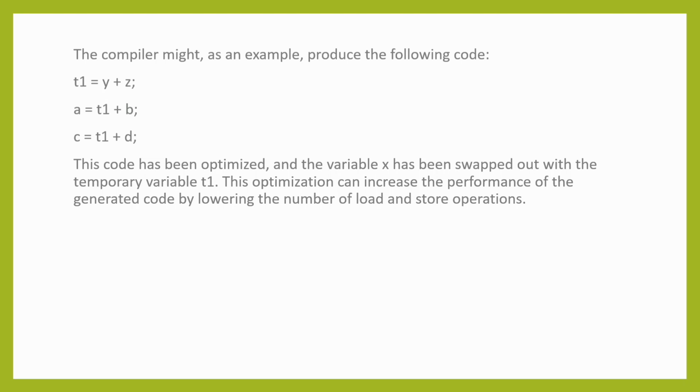This code has been optimized and the variable x has been swapped out with the temporary variable T1. The optimizer can increase the performance of the generated code by lowering the number of load and store operations.